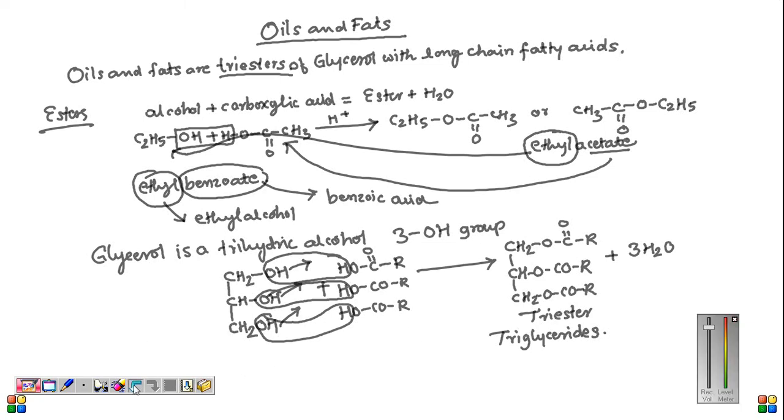Let us take an example of a glycerol, CH2OH, CHOH, CH2OH. It reacts with three molecules of long chain fatty acid.